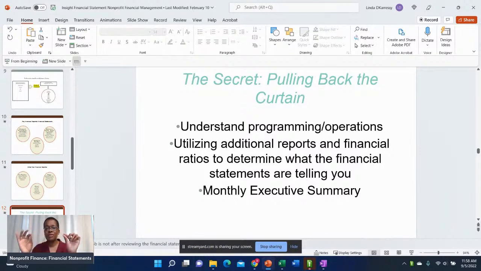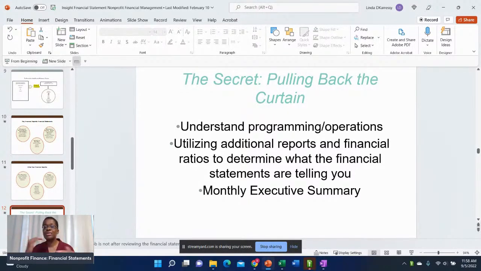When you look at the financial statements, for instance, if we look at donations, you want to pull back the onion. You want to say to yourself, for those donations, where are they coming from? Is it coming from a specific donor? Is it coming from specific corporations?